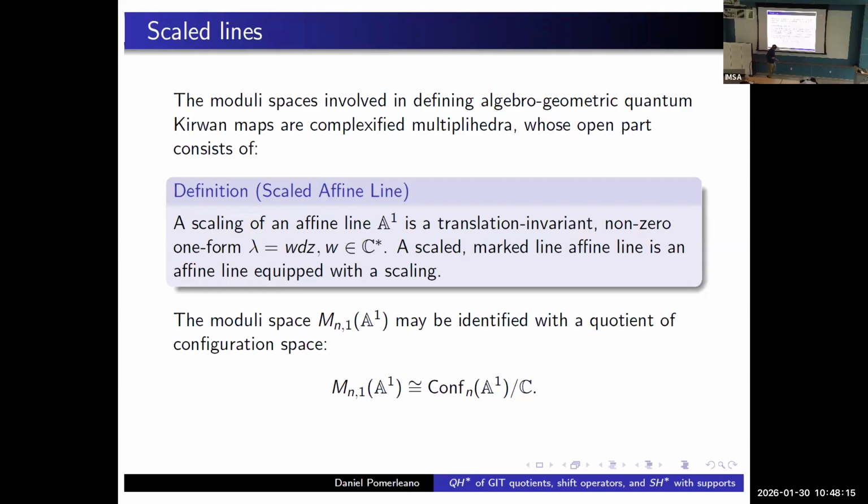You want to consider the moduli space of these up to reparameterization. The open part of the moduli space is extremely simple. It's just the configuration space of points on A1 modulo C.